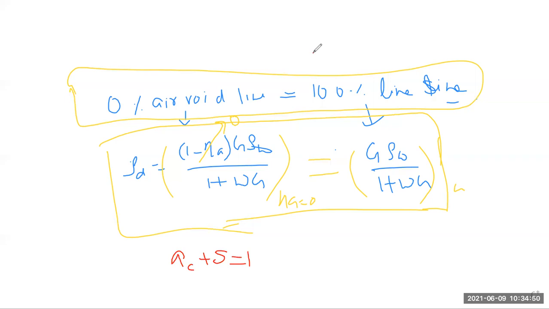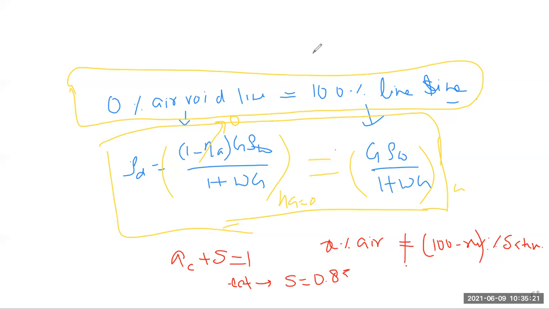ठीक है? If the 0% air void line is equal to the 100% saturation line, it means if X% air void, then 100 minus X% saturation line. So if S equal to 0.85, S means saturation.